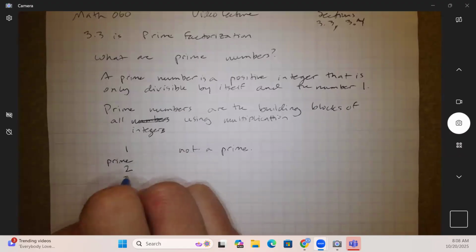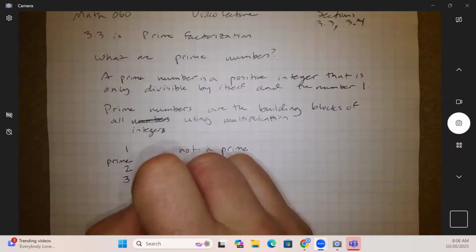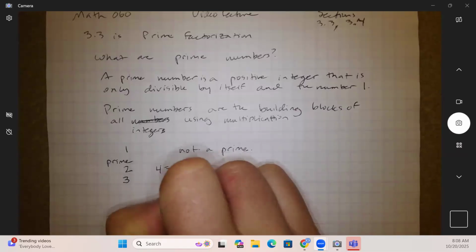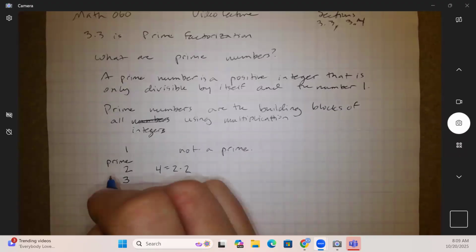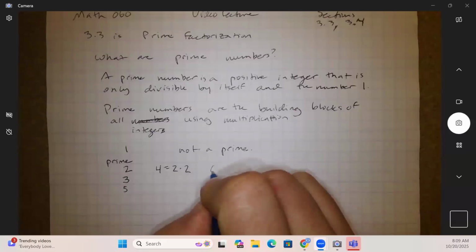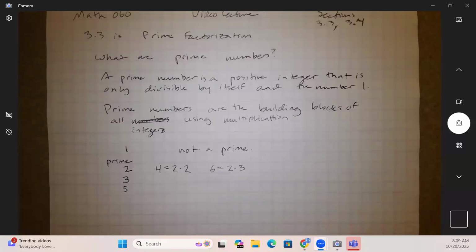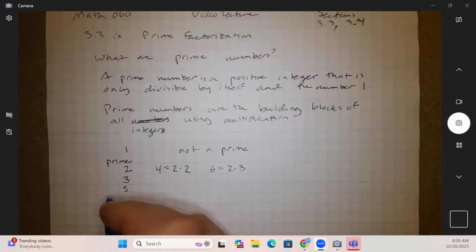Well, 3, I can't divide 3 by 2, so 3 is also a prime. But 4 is 2 times 2, so 4 is not a prime. 5, yeah, I got to get 5 on its own, but 6 is 2 times 3, so again, it's not a prime. So our prime numbers, starting with 2, I'm going to list them vertically.